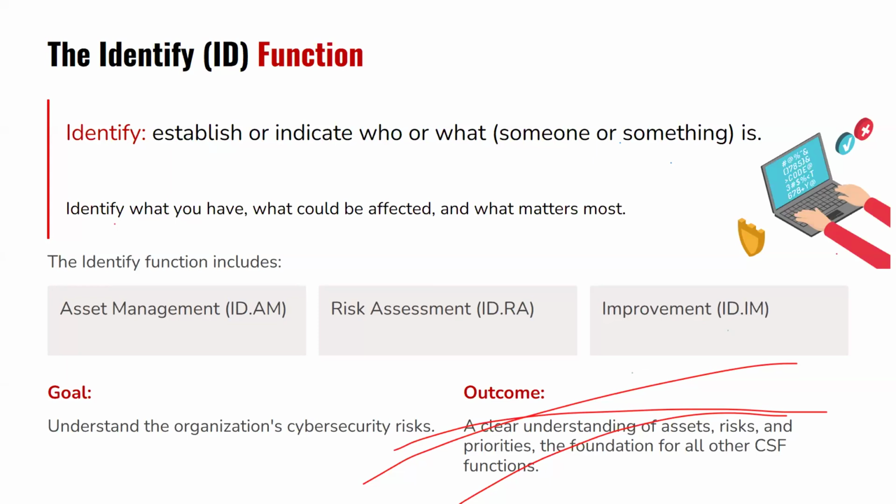So you identify something which is of importance to you. When it comes to this function, it's all about identifying what is important to us as an organization, what could affect that specific thing, and what matters most to us. The goal is to understand your organization's cybersecurity risks.